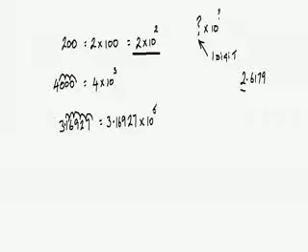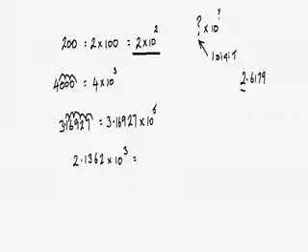Equally, if we've got a number, let's say 2.1362 times 10 to the power of 3, and they say what's that as a real number, they want to know what was the number before we changed it to standard form.